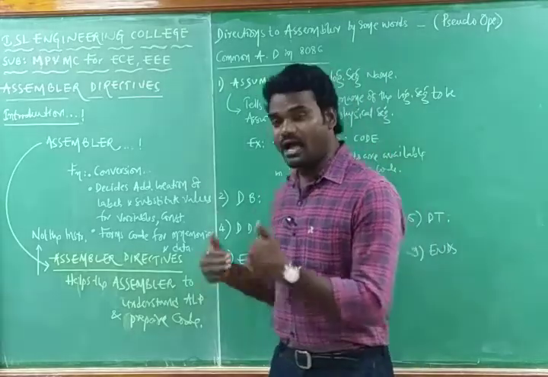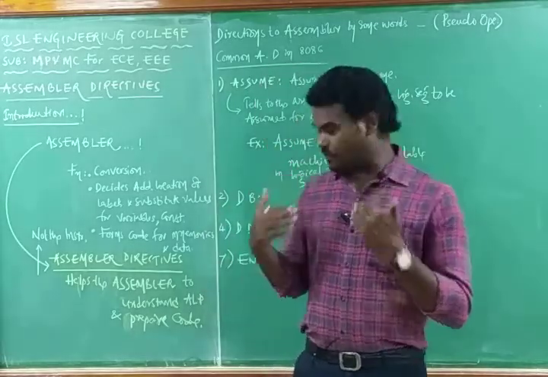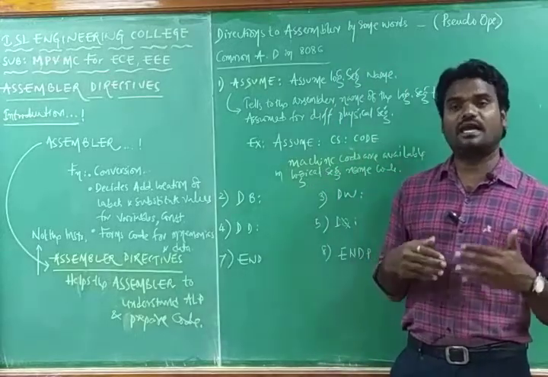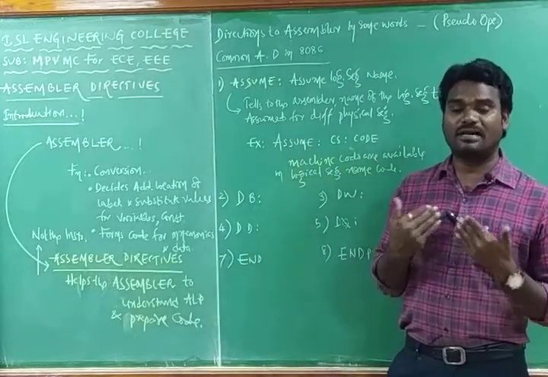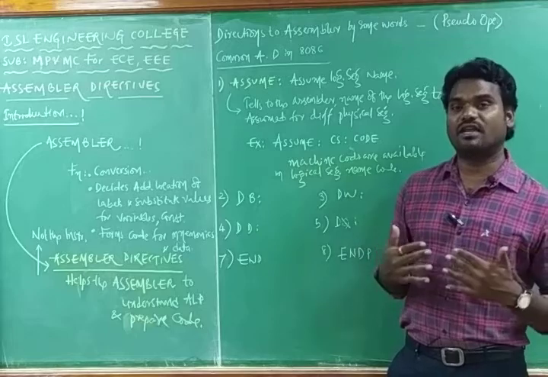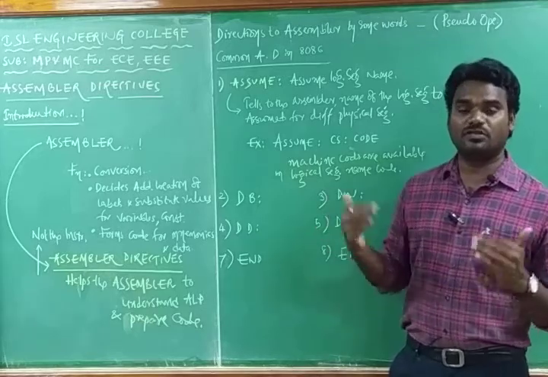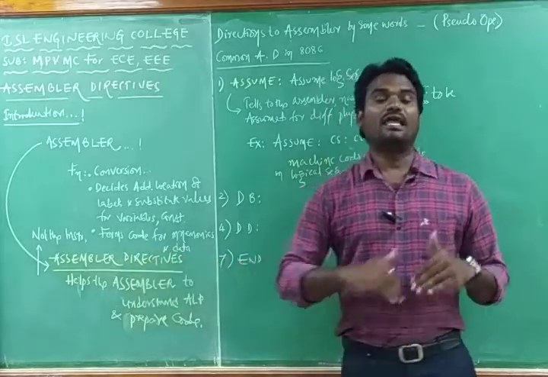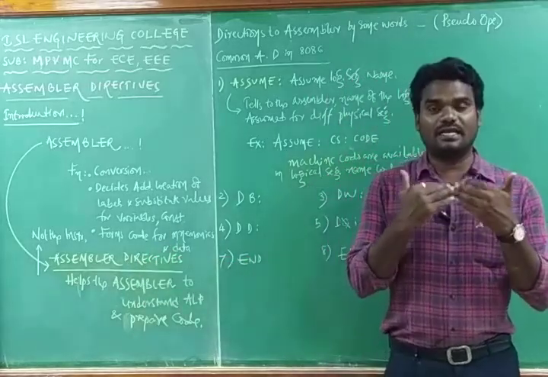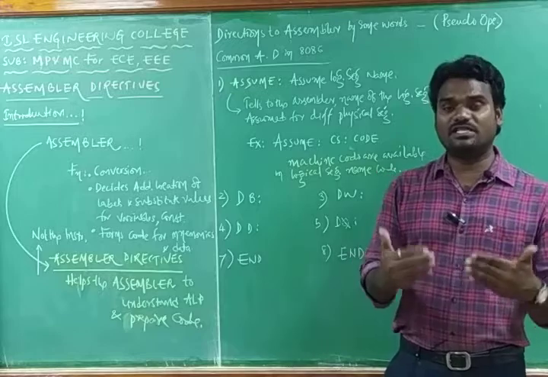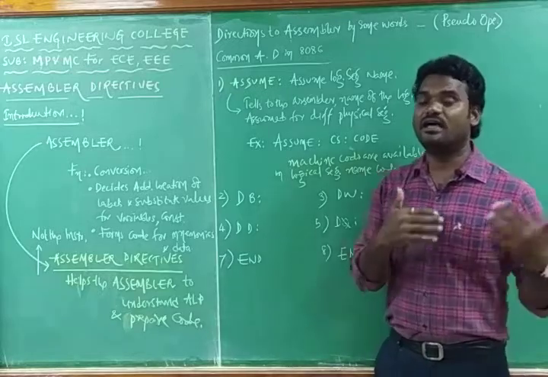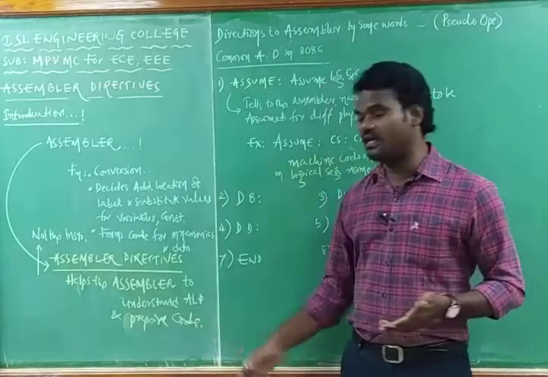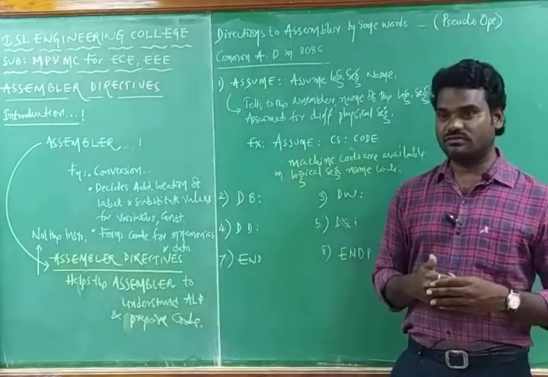And the program is going to have mnemonics, operands and some data, which may be constants and variables. All these will be understood by the assembler with the help of assembler directives, so that it creates the proper machine code, machine language, for the given assembly text.